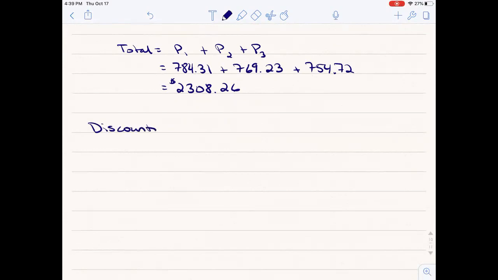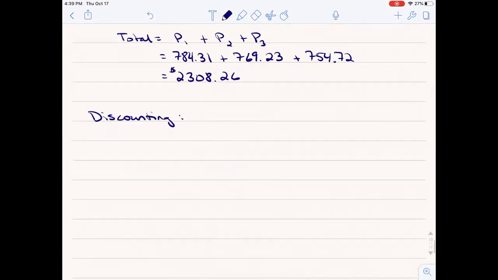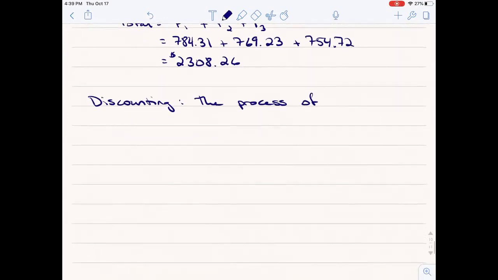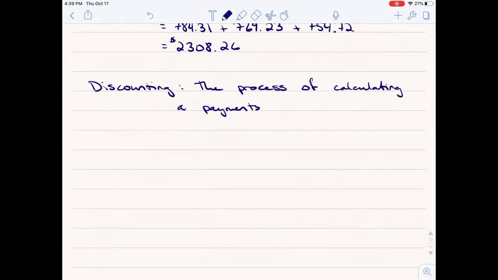Discounting is the process of calculating a payment's present value or principal amount, or present value later on.